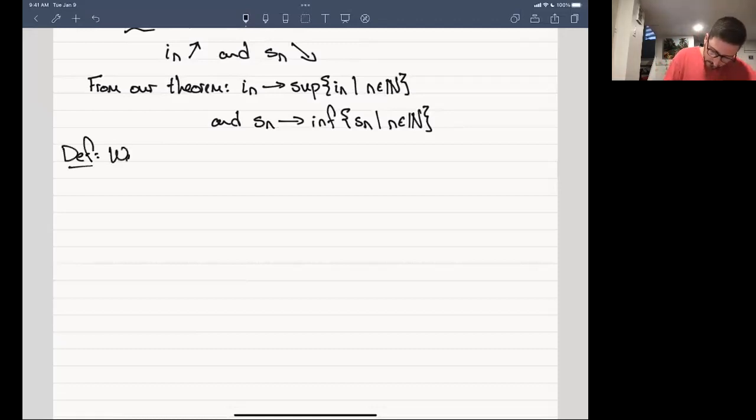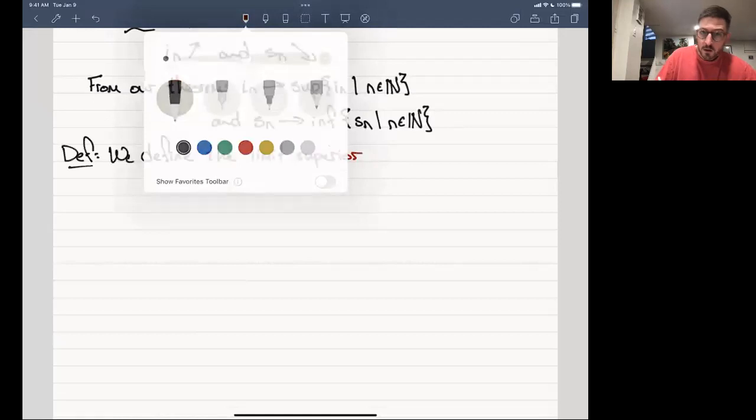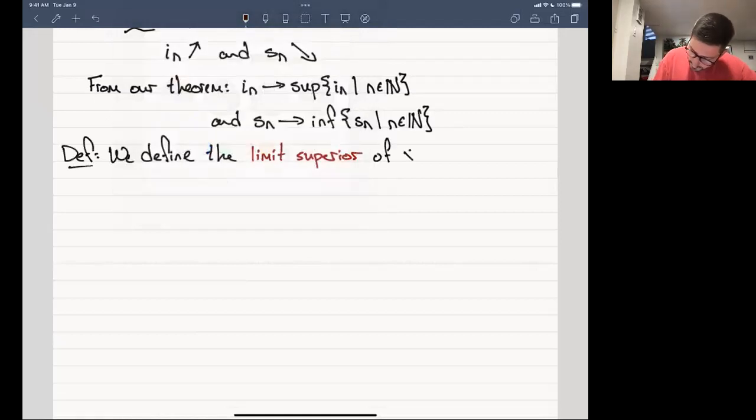We define this as the limit superior. Sorry, I think I said limit supremum. So the limit superior of the sequence x_n, we write this as lim sup for limit superior.